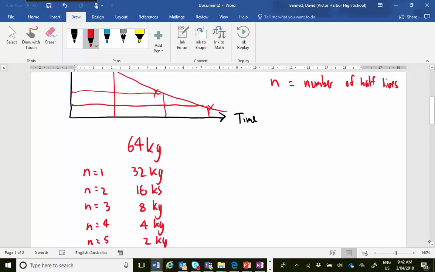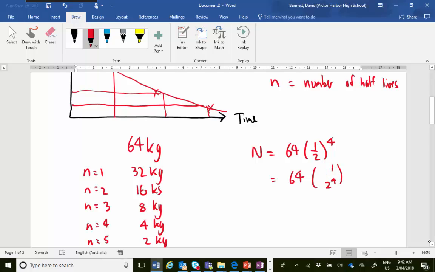All right, so if I said to you N, and we started off with 64, and we did that to the power of, say, 4, so in other words 4 half-lives, that's going to be 64, and that's going to be a half to the power of 4, and 2 to the power of 4.